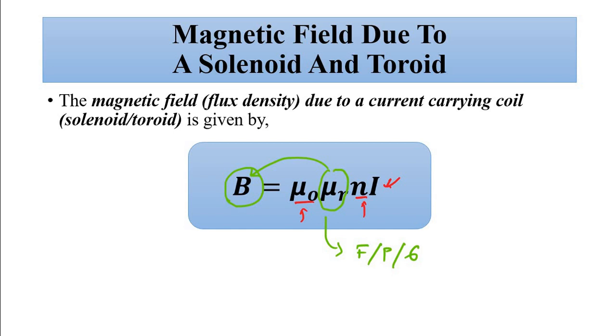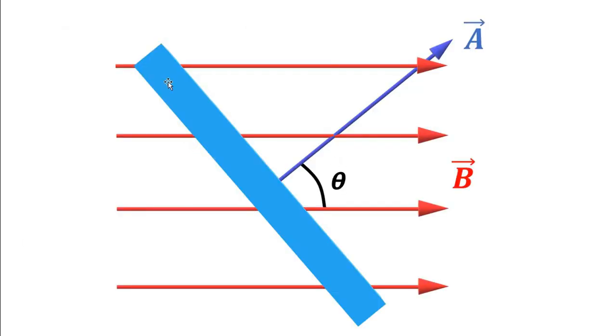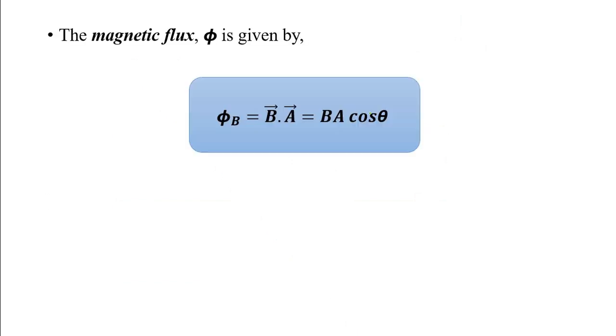Now as magnetic flux density changes, it causes a change in magnetic flux, which is the dot product of the magnetic field vector and the area of the coil, the solenoid or toroid coil. The angle is kept constant, it is fixed. The area of the coil is constant, the angle of orientation is constant.